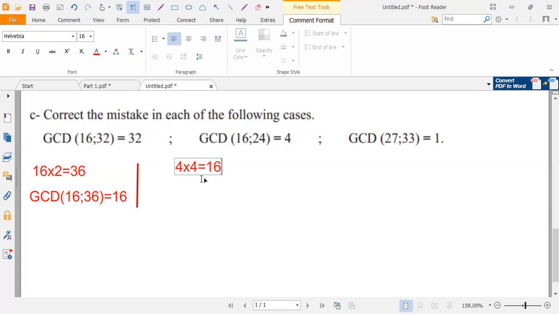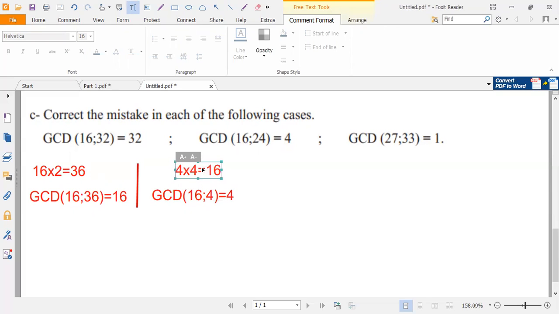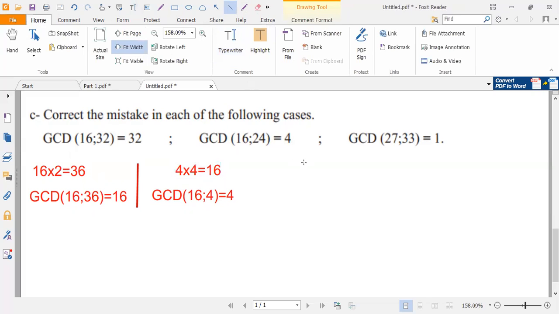So 4 is a divisor of 16, and in this case, the GCD will be 4. So we can write 4 instead of 24. So the GCD of 16 and 4 is equal to 4, not the GCD of 16 and 24. They have a common divisor bigger than 4.